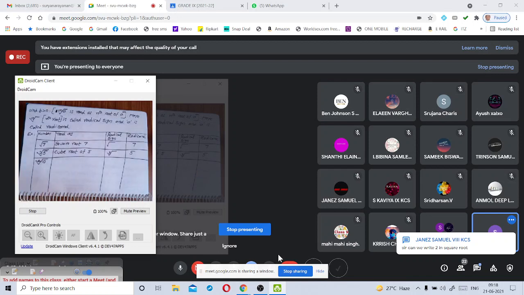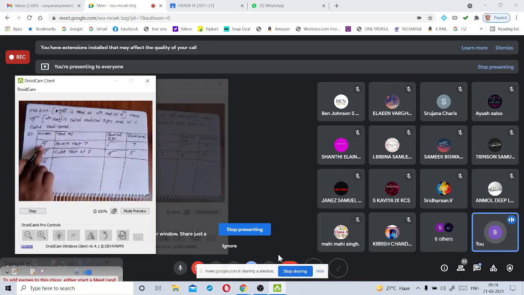In general, in the case of a square root, we don't write 2. We omit it.